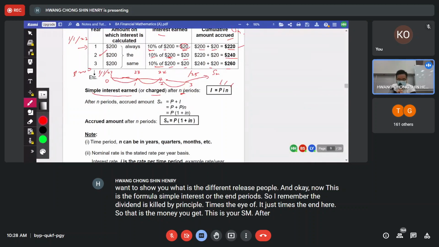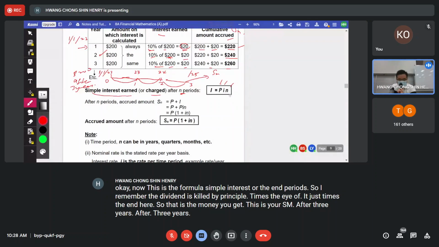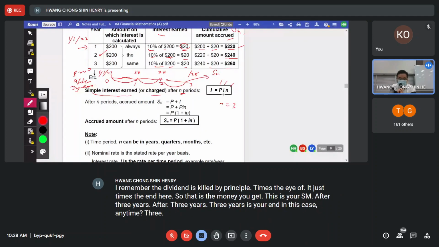After 3 years, 3 years is your N, no? In this case, N is 3. I is, let's say, they give you maybe 5% per year. This is I. Principal is 200.